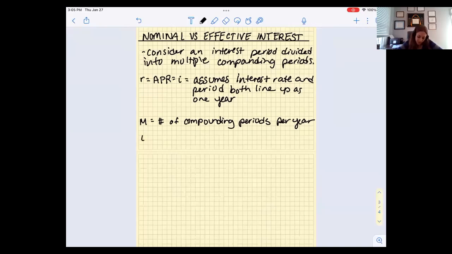Then we can define I sub M as the interest rate per each compounding period.